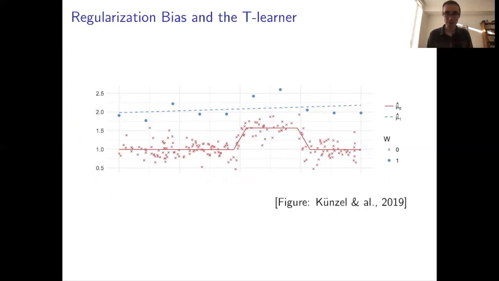It's a randomized trial, and I'm plotting all the data. Each treated point is a blue dot, and there's a red x for the control points. The only wrinkle here is that you have a lot more control points than treated points.